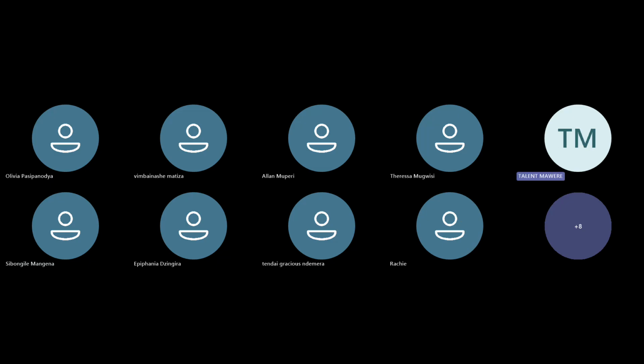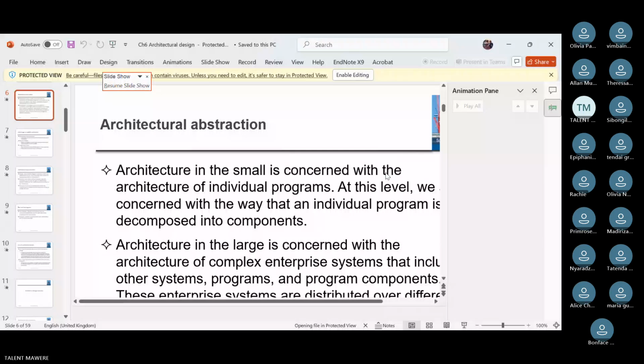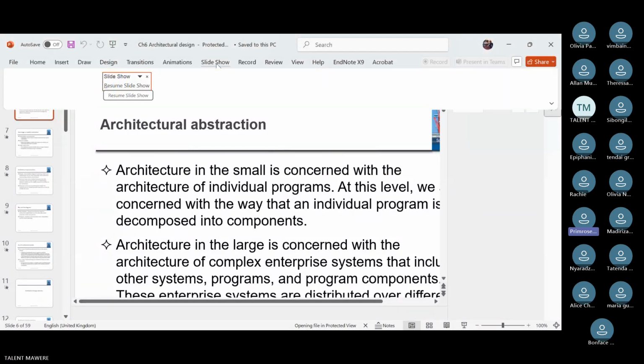Have I stopped sharing? Yes. What are you seeing? Architectural abstraction is what you're seeing, right? Yes.